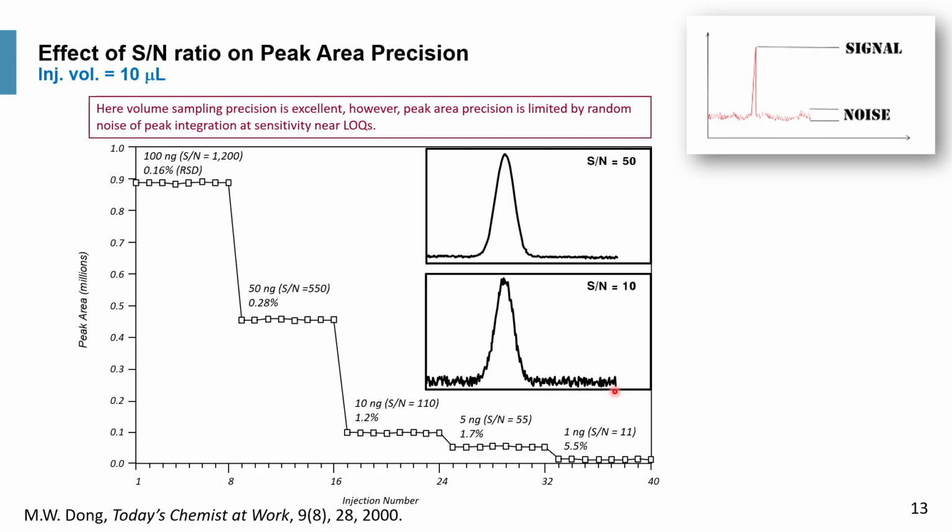You have a lot of noise, and every time you integrate peaks like this, you have imprecision. Typically at LOQ, the best precision you can achieve is about 5 to 10%, as verified here. This was published in an ACS journal in 2000.